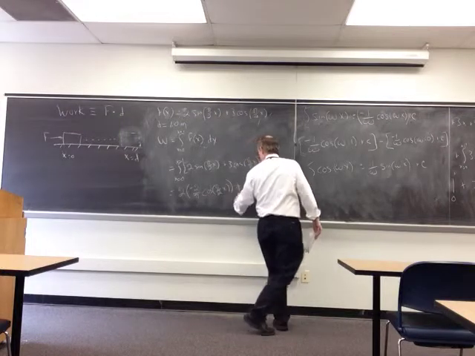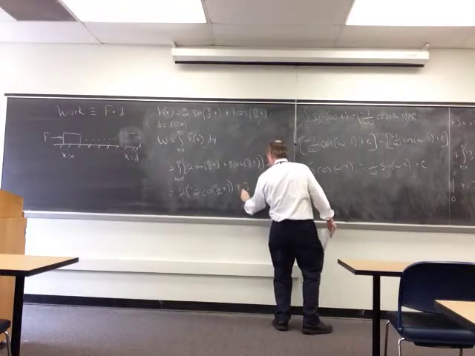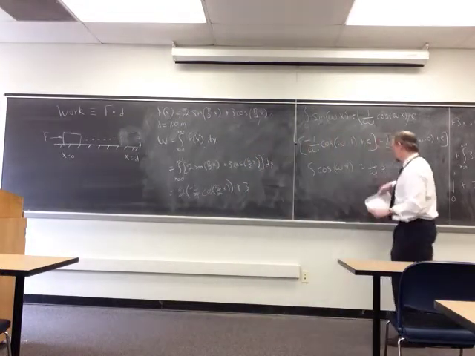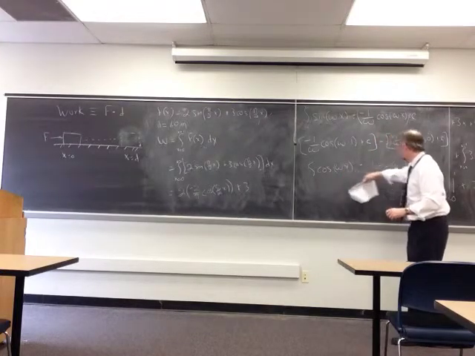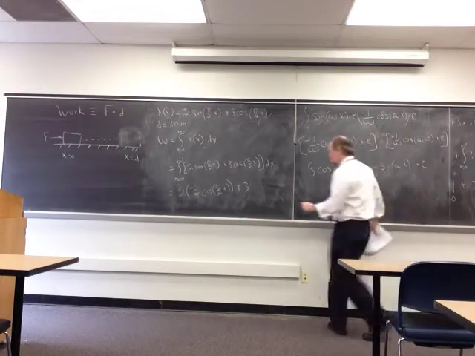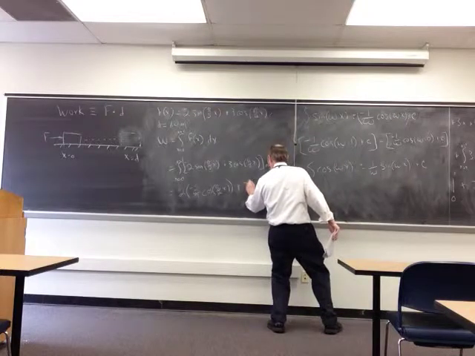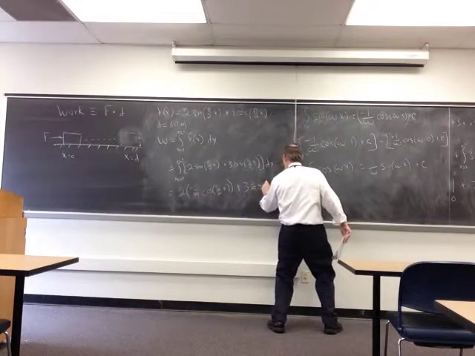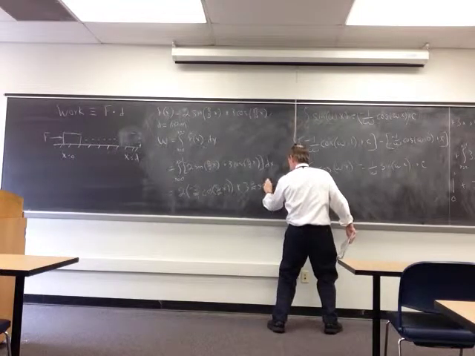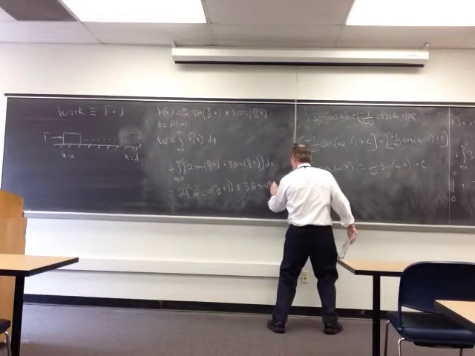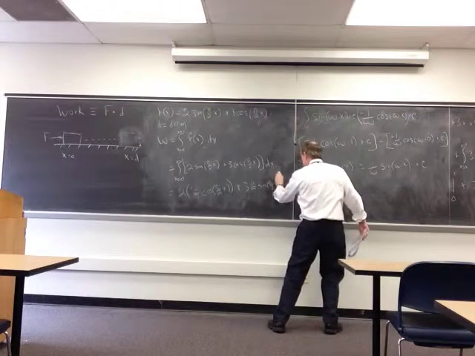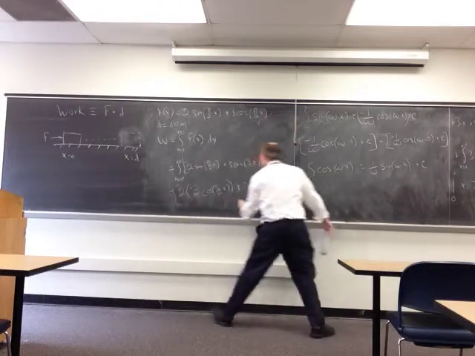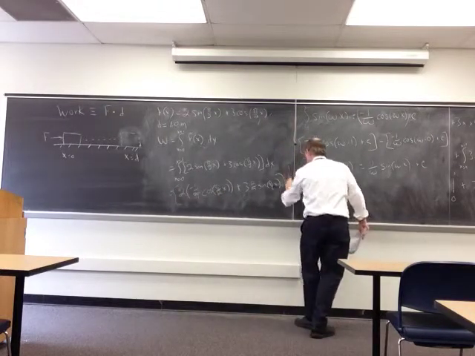And then we add to that 3 times the integral of the cosine omega x, which is 1 over omega sine x. And this entire function is evaluated from 0 to 1.